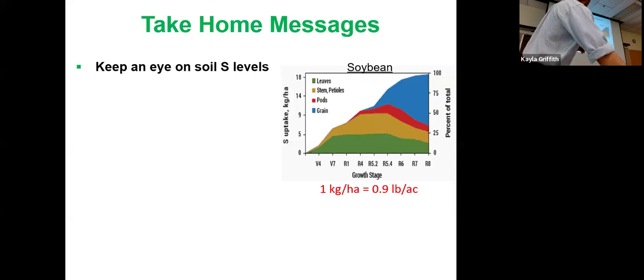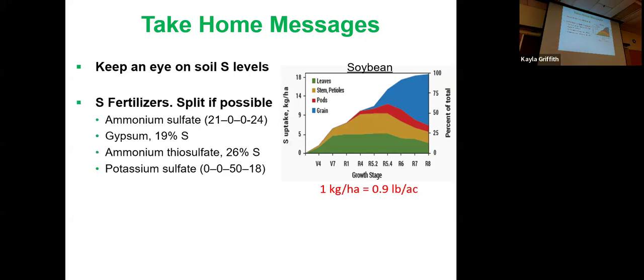Take-home messages: keep an eye on the amount of sulfur in the system. This doesn't have the same distribution of uptake that potassium did, but we still have an increase in uptake later in the growing season.